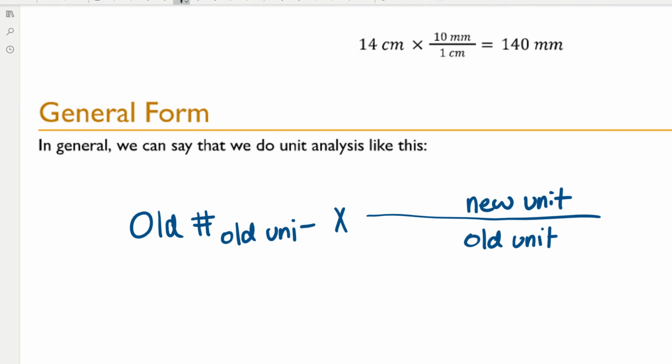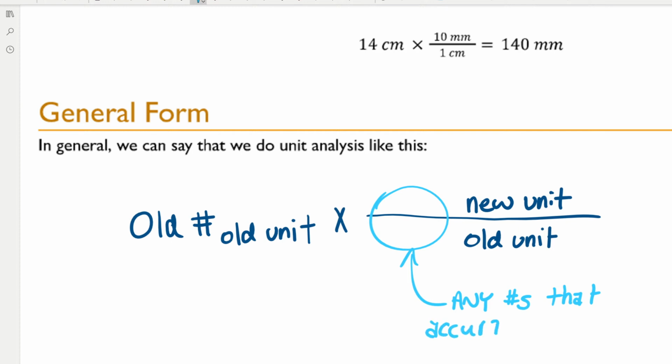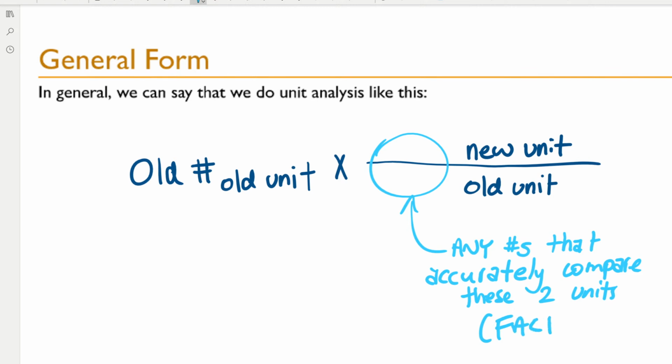And then the numbers can be any numbers that accurately represent a comparison between these two units. In other words, just a fact. Any fact can go there and it will work. Let's look at an example on the next page.